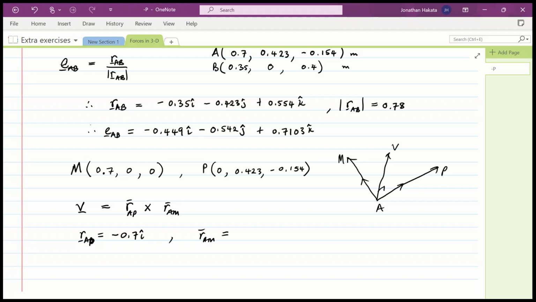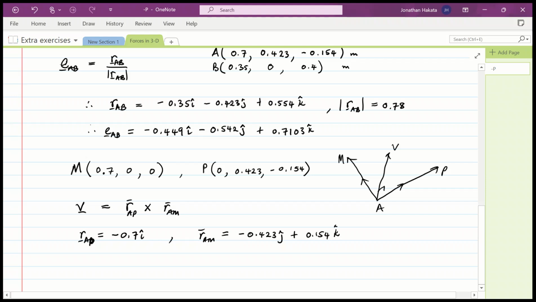So it will be 0I, there's no need for us to write anything for I. But for J, coordinates of M, 0 minus 0, so that will be minus 0.423 J. Then lastly, plus 0.154 K. Okay, we are saying the coordinates of M minus coordinates of A.